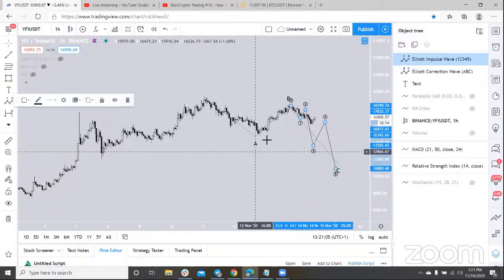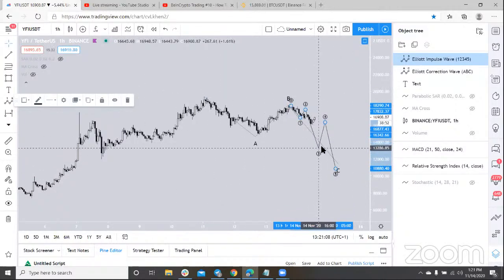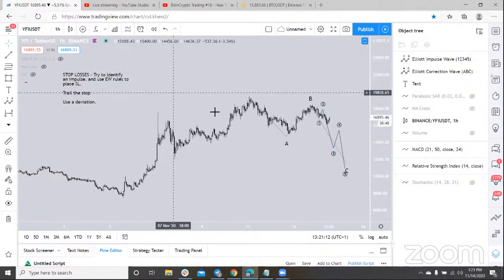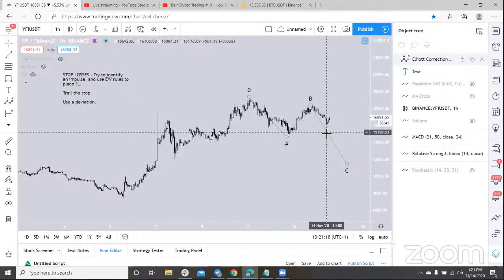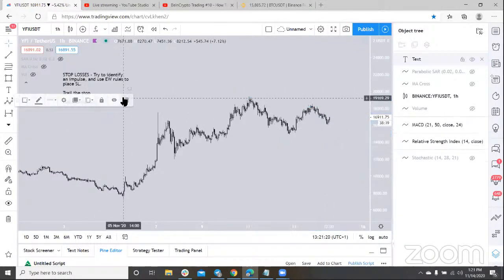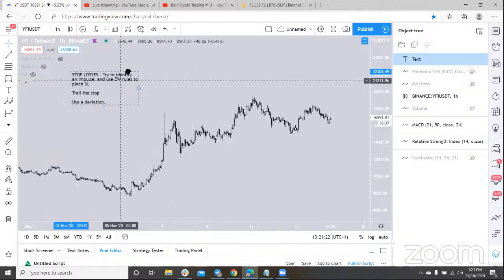So if you're in a correction, you can identify the part of the correction which is an impulse and then use EW rules to place stop losses there. But this is more volatile because you have to use lower time frames. So that's basically it for stop losses.